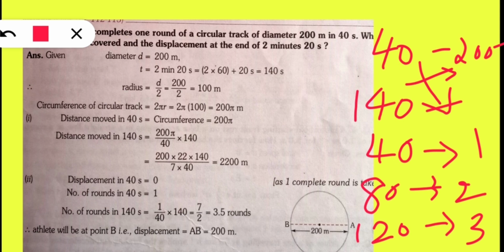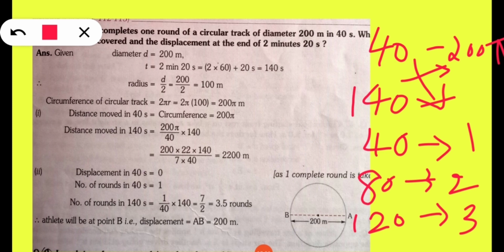If the athlete completes one full round, the displacement is 0. So after 3 complete rounds, the displacement will be 0. After the third round, the athlete travels for another 20 seconds, so he would have completed half of the distance. In case he has started from B, then he would have reached the point A. So half of the circular path is traveled by the athlete.